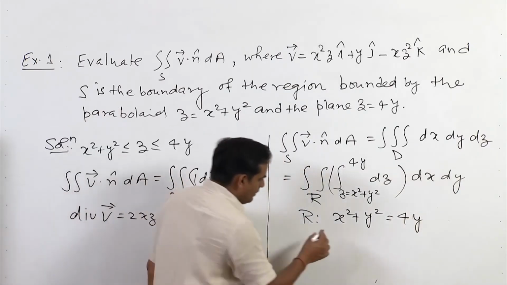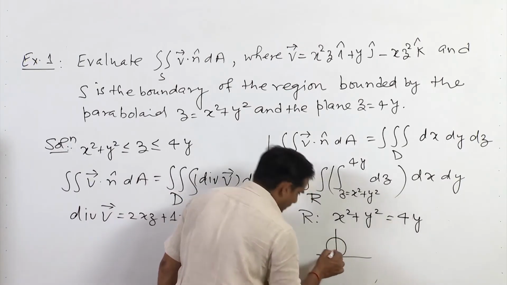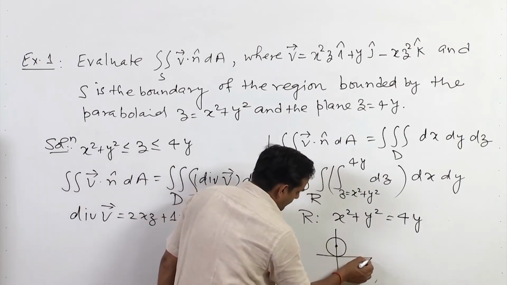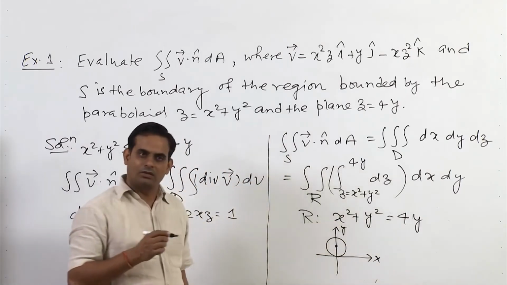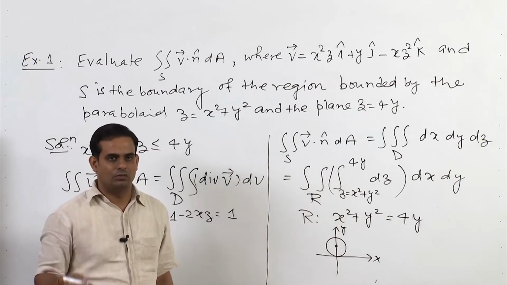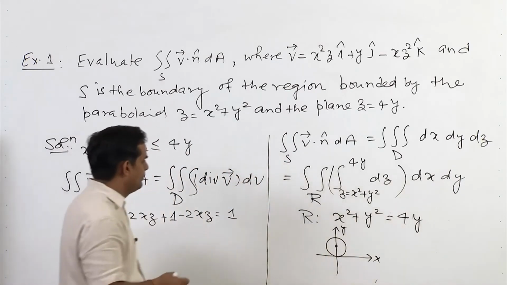And if you note down, what is this? It is a circle in the xy plane of radius 2 and having center at (0, 2). So center is (0, 2), radius is 2.